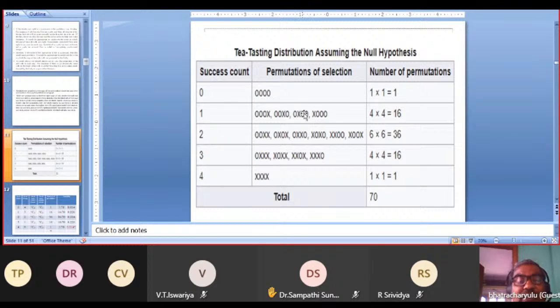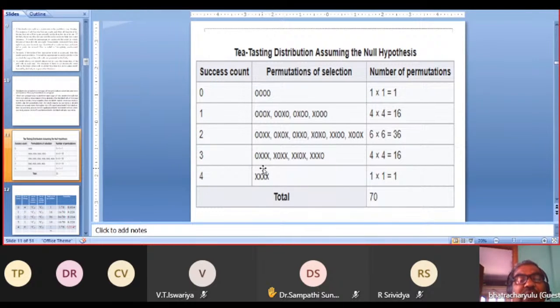First chance wrong, and second chance, third chance, fourth chance correct, like that. And in all the four chances that she has taken, all are correct.